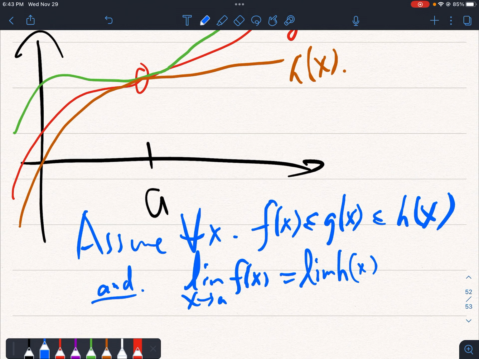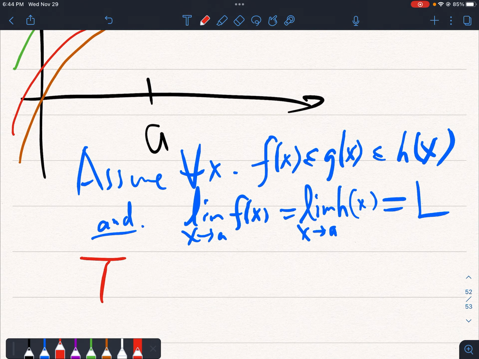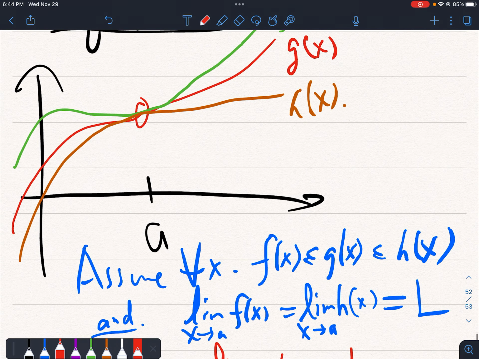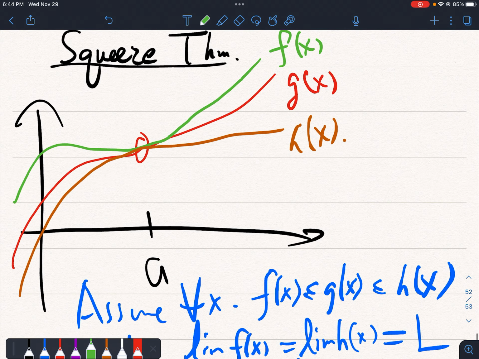Okay, so if we assume that the limit of f and the limit of h at a are equal, and let's assume this is L, then it says the limit of g of x must also be L. And to prove it, you can use the epsilon delta proof.